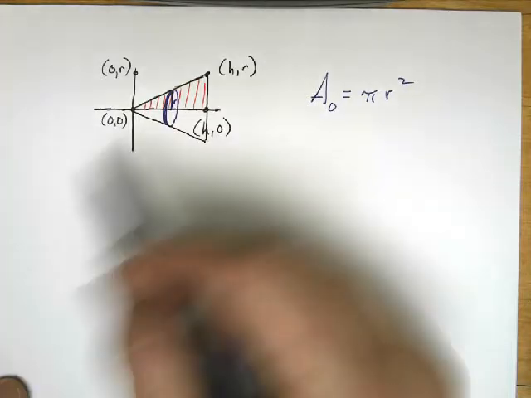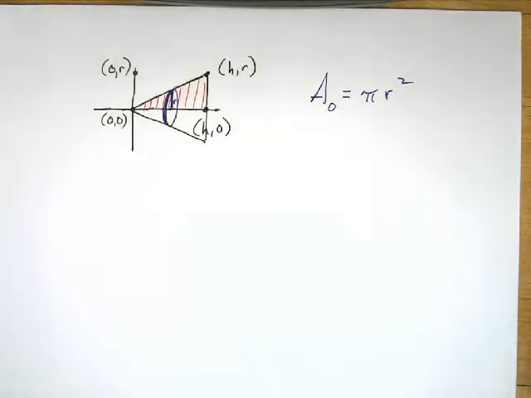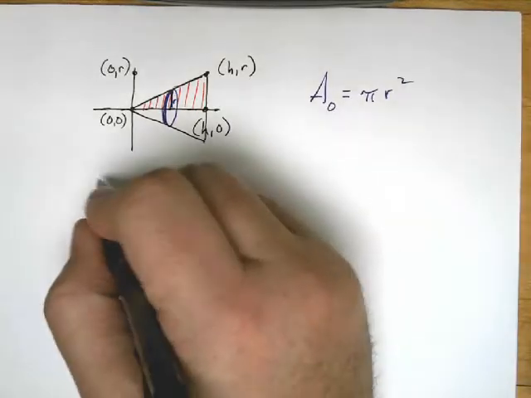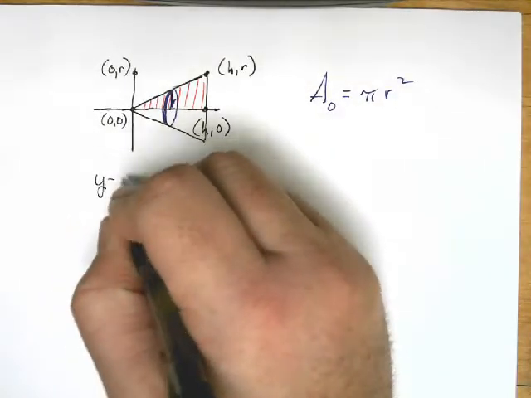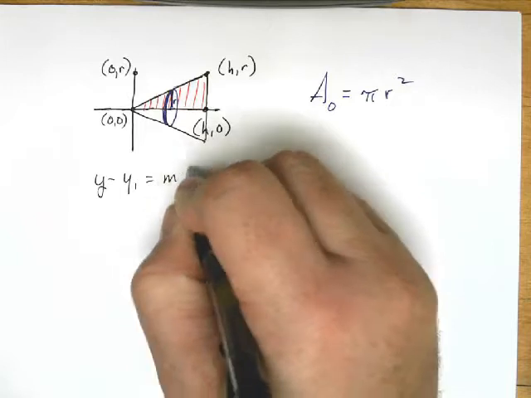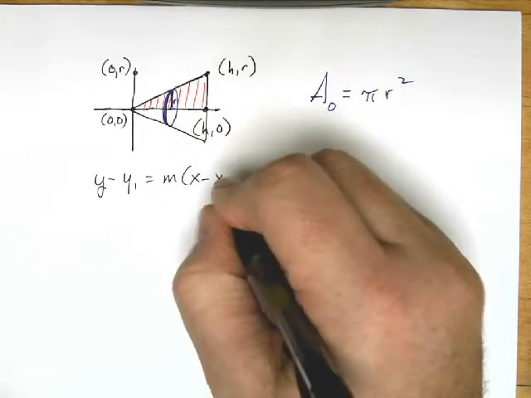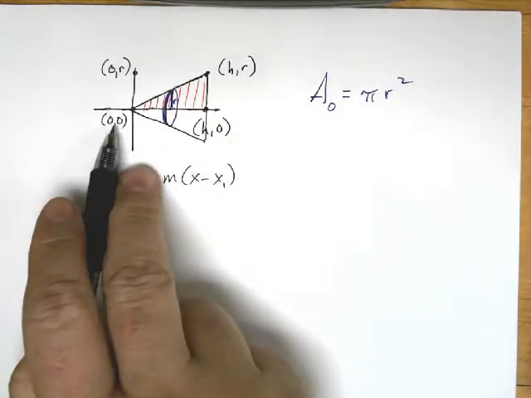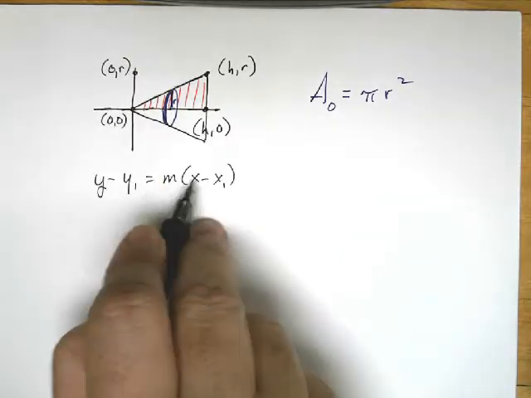Okay, so we need to know what the equation of this linear function is. Alright, so I'm going to put this in point-slope form. I'm going to use the origin as my x1 and y1.